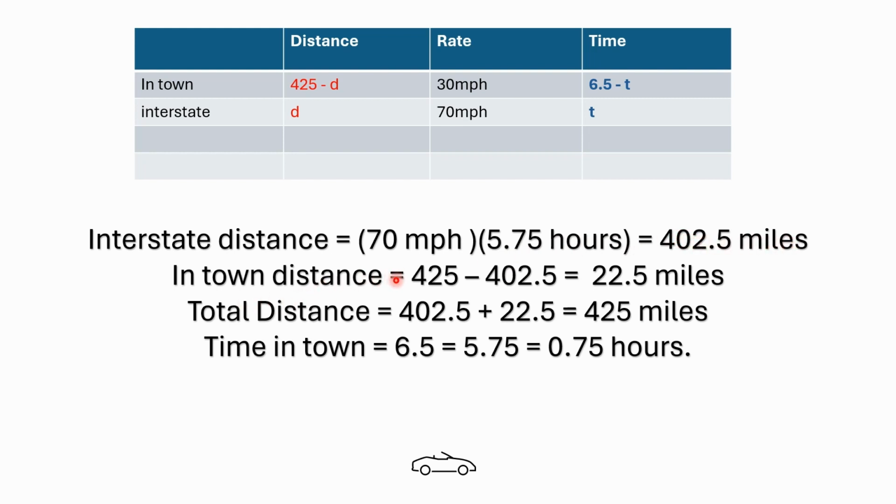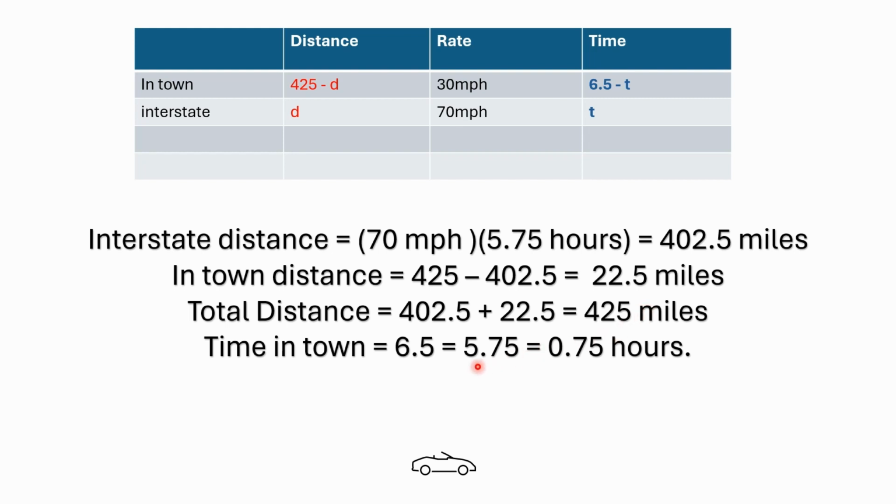And again, the in-town distance is just the total distance driven minus the interstate distance. That gives us 22.5 miles. So John only drove in town for 22.5 miles. And again, we said the total distance was 425, and that works out right because 402.5 plus 22.5 is 425.